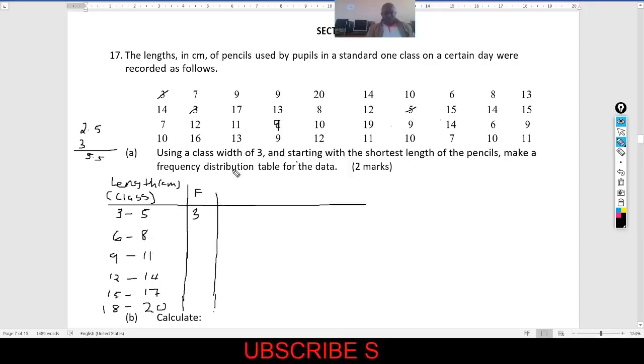Then 6 to 8, you count how many there are. So far we have counted 6 of them.